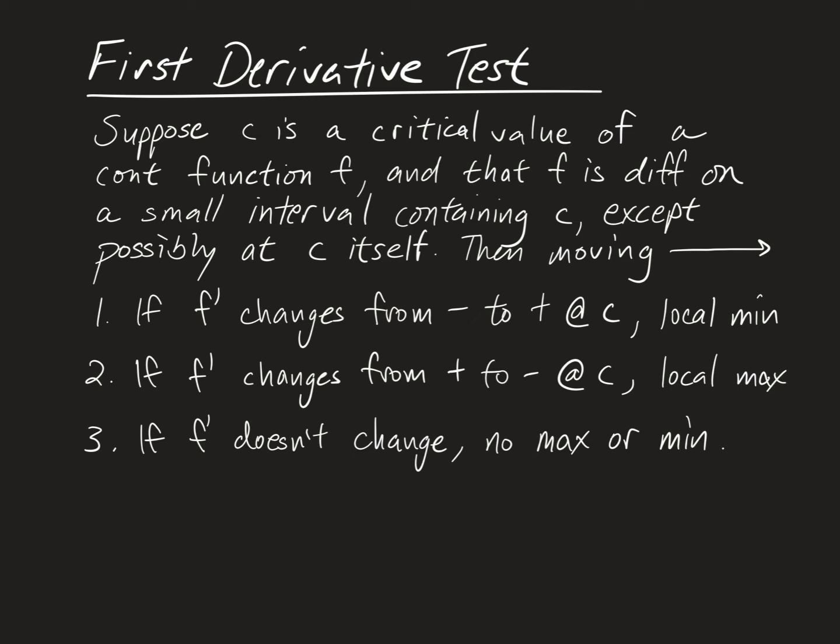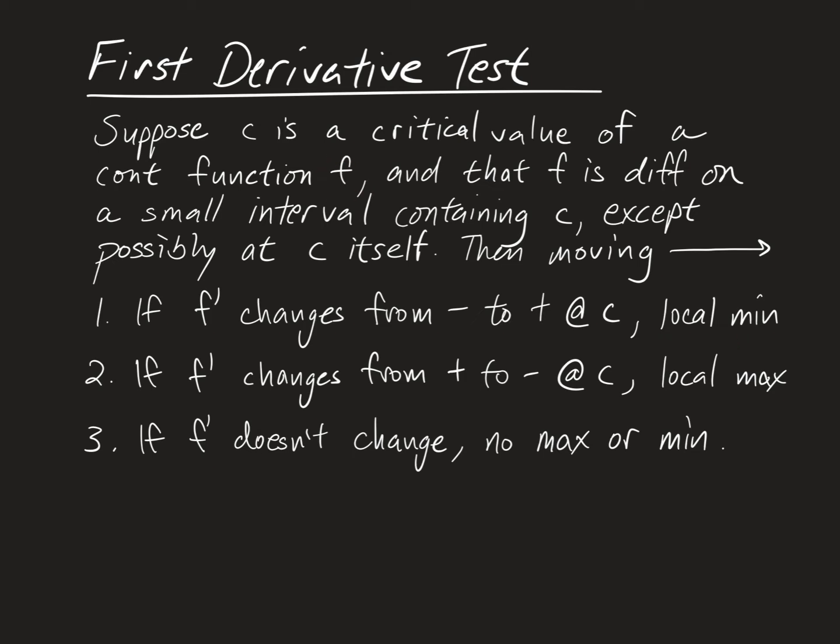The first derivative test. Suppose c is a critical value of a continuous function f, and that f is differentiable on a small interval containing c, except possibly at c itself. Then moving from left to right, if the derivative values change from negative to positive at c, then there's a local minimum for the function f.